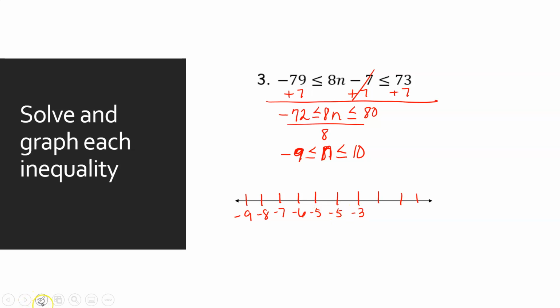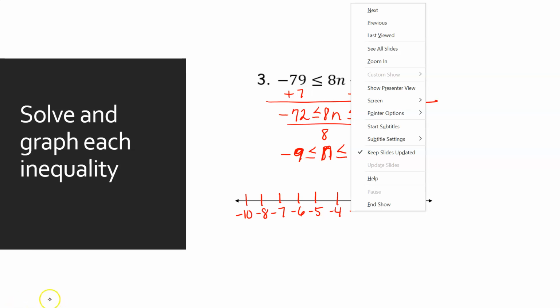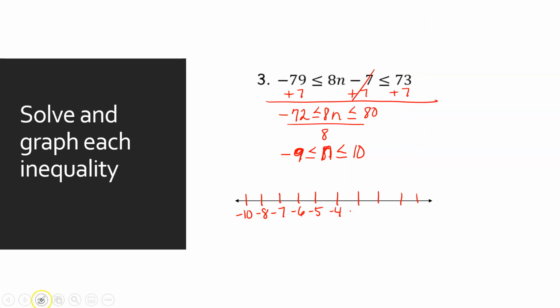I'm going up by 2s. So this is negative 6, negative 4, negative 2, 0, 2, 4, 6, 8, squeeze in the 10.